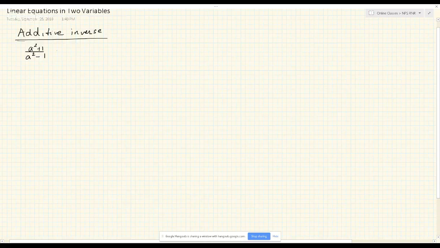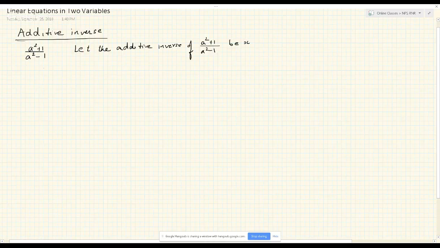So this is given, and you have to find out the additive inverse of this. Let us say that the additive inverse of a square plus 1 by a square minus 1 be x.